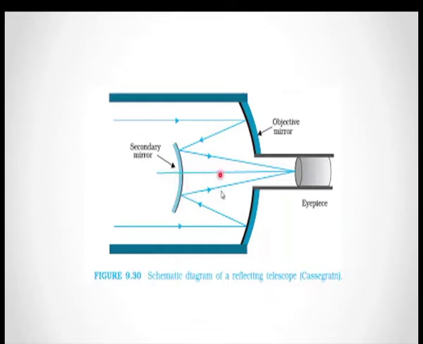This is a schematic diagram of a reflecting Cassegrain telescope. Light from the distant object falls on this reflecting objective, then is reflected back to the secondary mirror. The secondary mirror reflects it back and it can be viewed through the eyepiece.